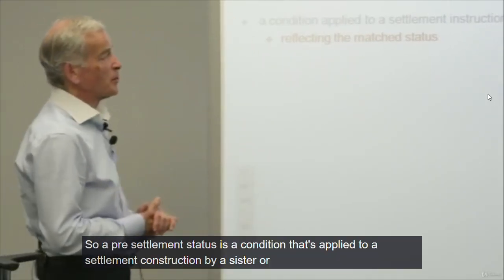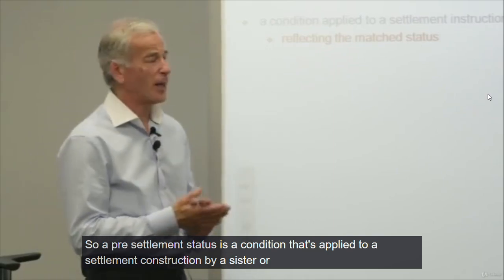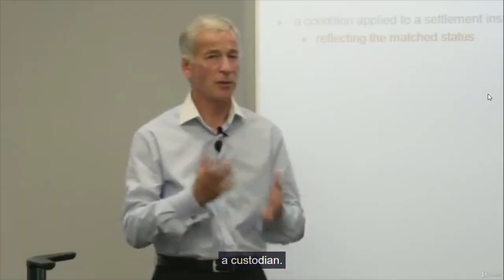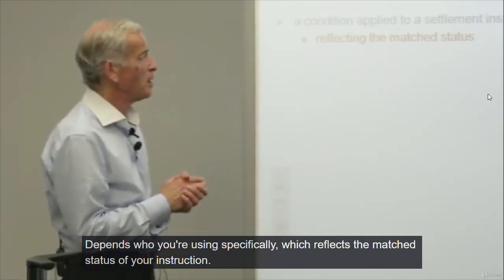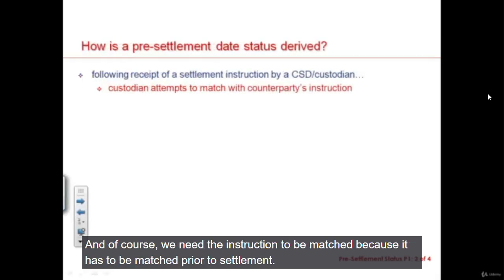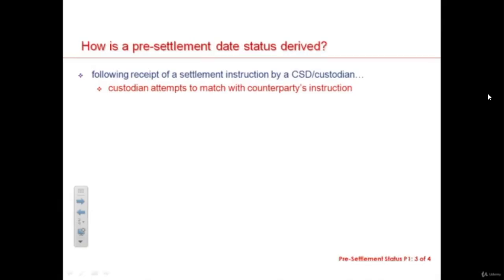So a pre-settlement status is a condition that's applied to a settlement instruction by a CSD or a custodian, depending on who you're using specifically, which reflects the matched status of your instruction. Of course, we need the instruction to be matched because it has to be matched prior to settlement.